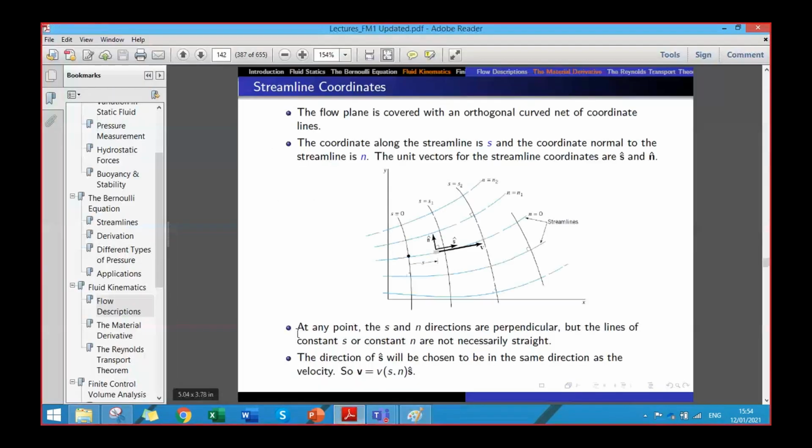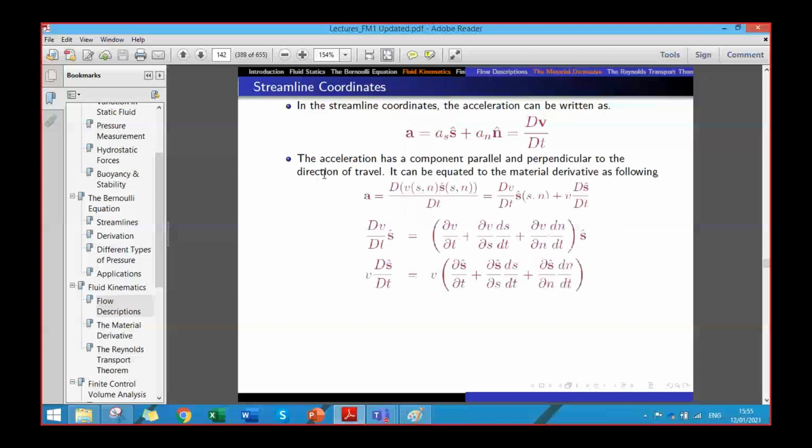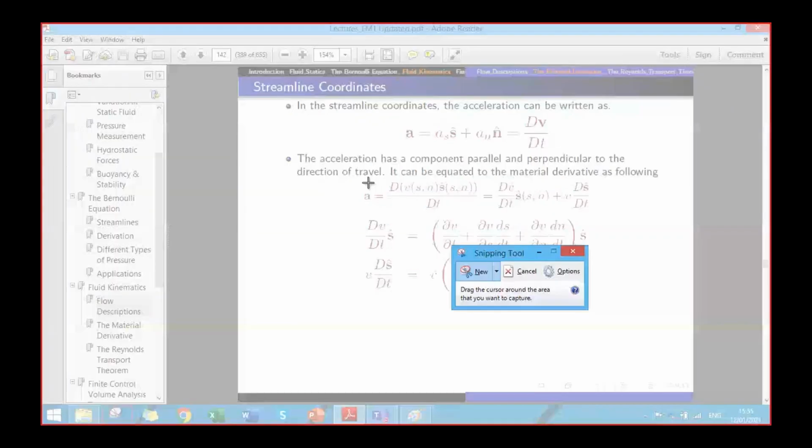If we take the total derivative of the velocity field along the s and n directions, we'll have two components of acceleration as well: one component along the streamline and one along the normal. So the acceleration in this case will be a_s plus a_n. We can see this from the description here, and we can discuss it in detail.